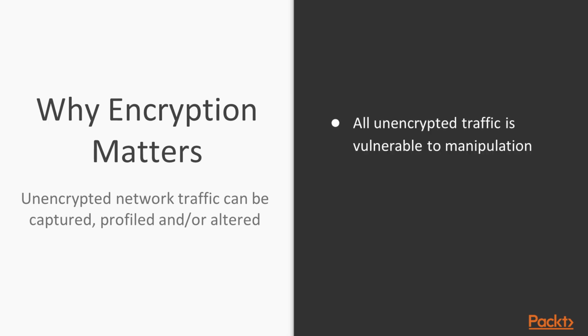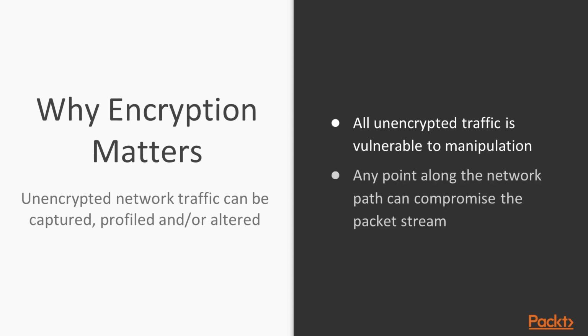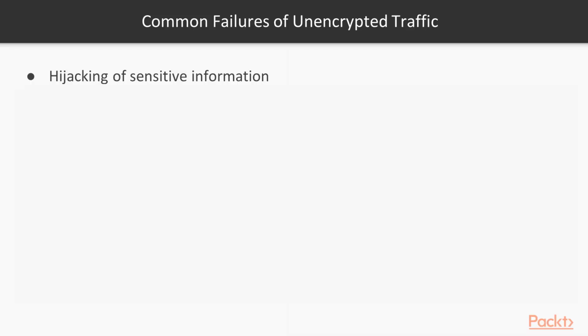All unencrypted traffic is vulnerable to manipulation, and any point along the network can compromise that packet stream. That means any server, any router, any wire laying anywhere across land or sea can be tapped into and can compromise unencrypted traffic. Many security failures start with the lack of encryption on some source of data or traffic.